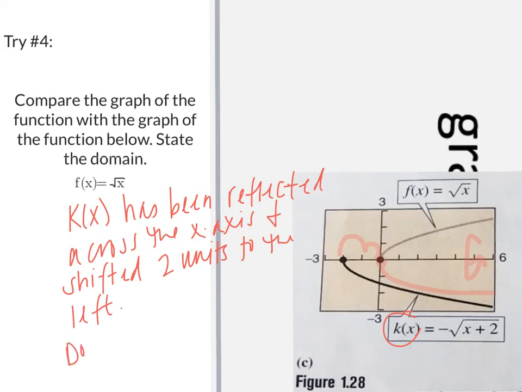Okay, so the domain then for this problem is, if I use interval notation, a bracket on -2, and then it is continuous thereafter to positive infinity.